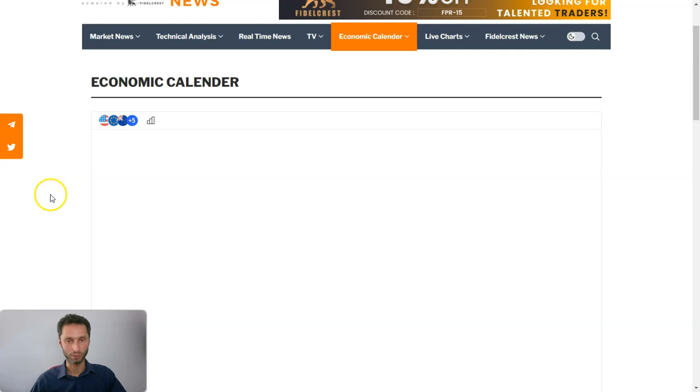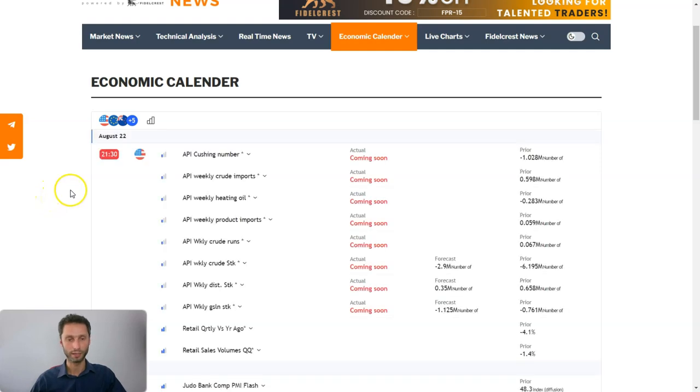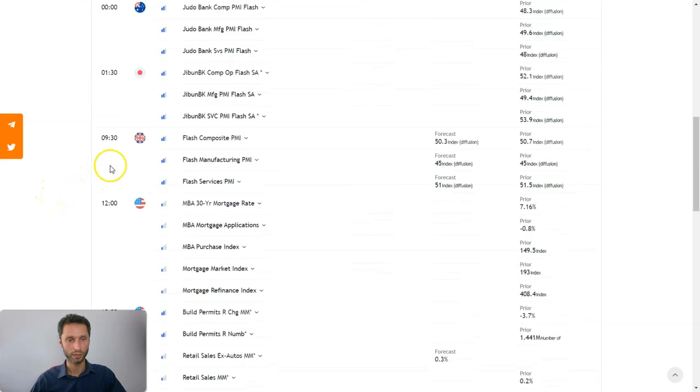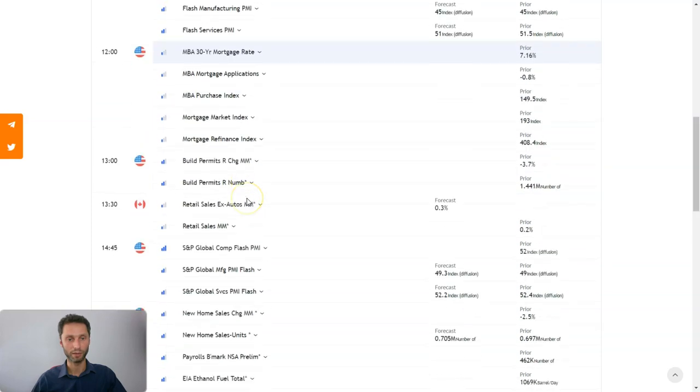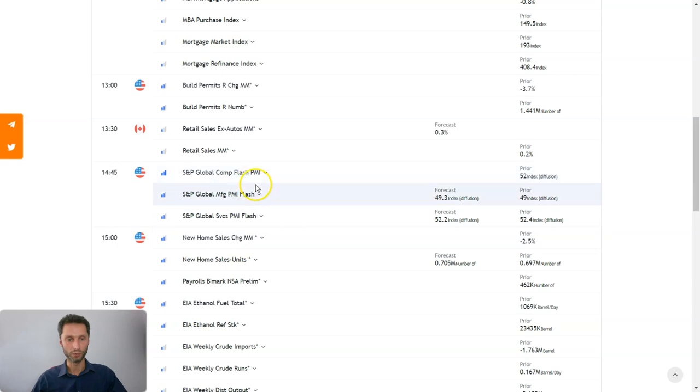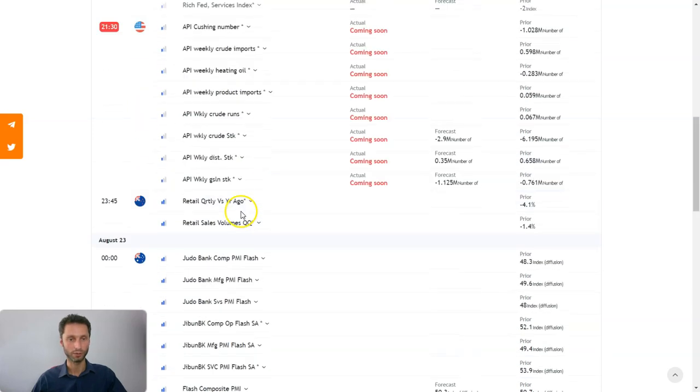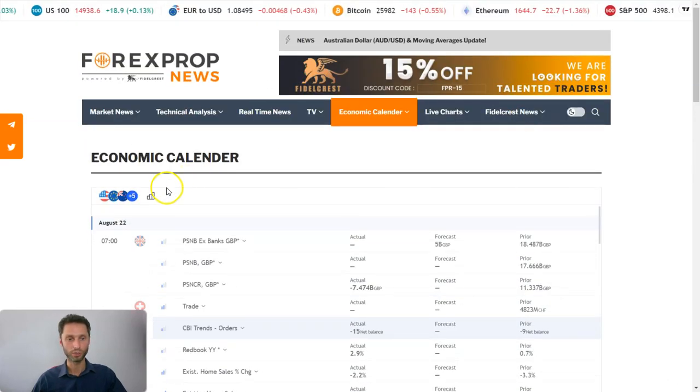Let's have a look at what's going on the calendar if you are a short-term trader. We do have a little bit from Japan, a little bit from the UK on the pound, the PMI there, but the biggest one is this one from the US. So it's the major one for this week.